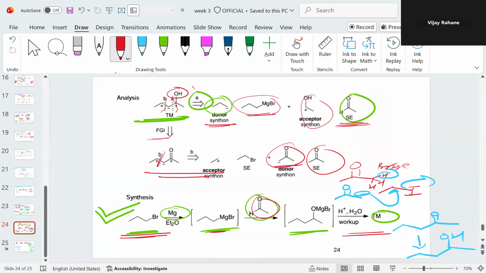So that also we need to keep in mind. So any doubt in this one? In this question, there is more than one route possible. So based on the two different paths, we have to look at how practically we can perform this reaction.